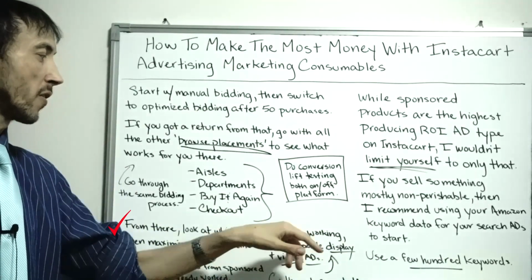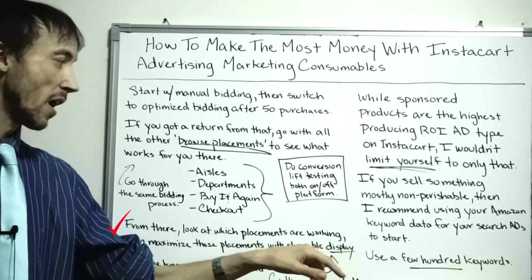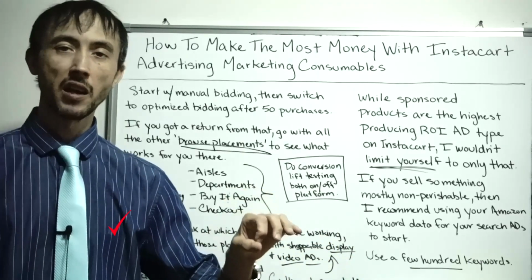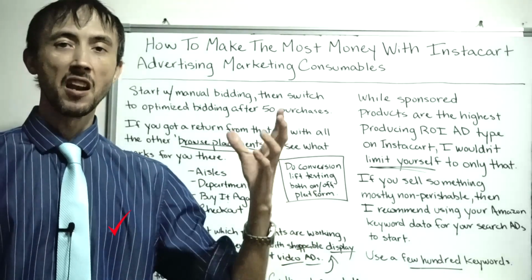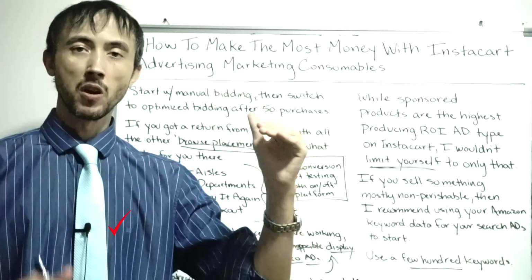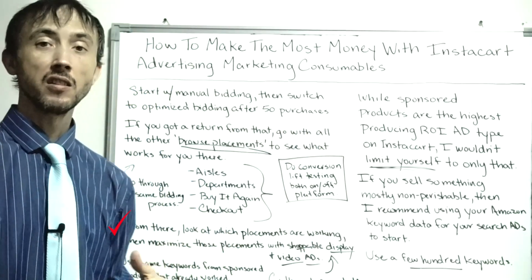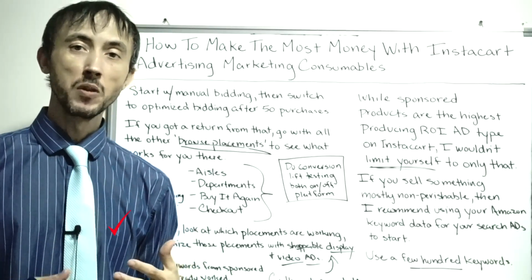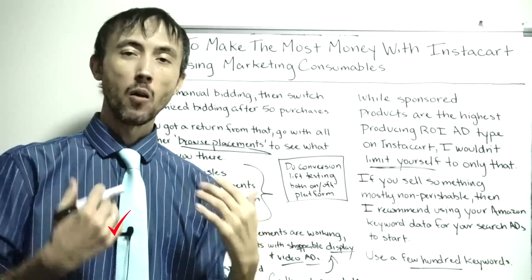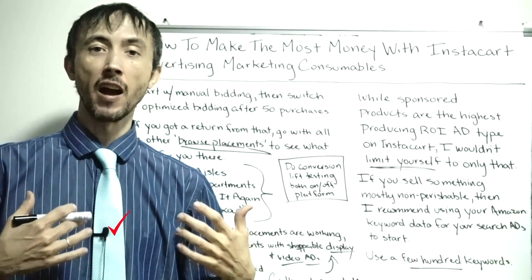If you're wondering whether shoppable display or shoppable video ads is better ROI-wise, it kind of depends on the market. I haven't done enough testing in enough markets to really tell you to use this one 80% of the time. If I'm going to sell an organic product, I'm going to go with the video ads, because I can show more about why and how we make the product, which is important to people that are health conscious.